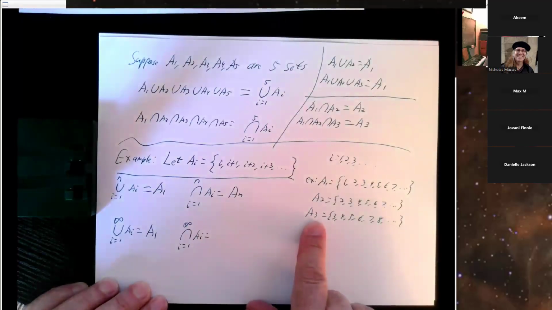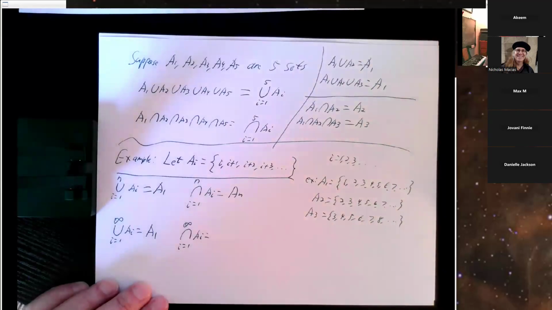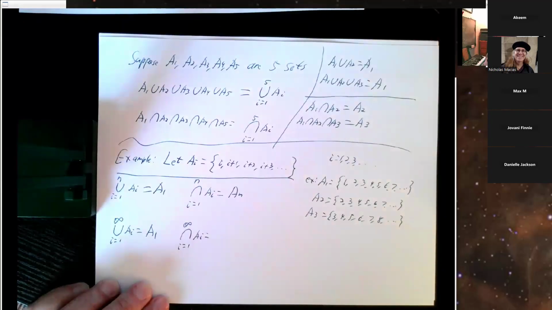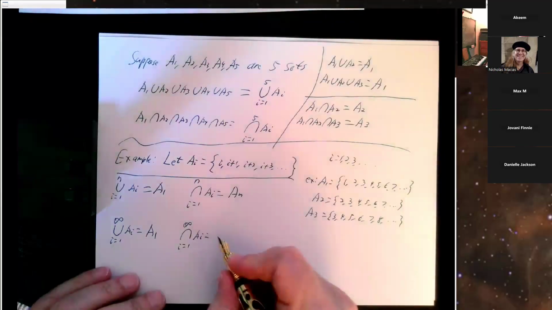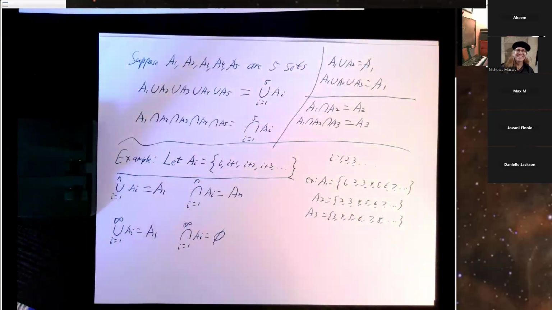There really isn't an A infinity, but I know what you're thinking about, and conceptually that makes sense. But we're looking for an actual set. The nothing set, right? This turns out to be the empty set.